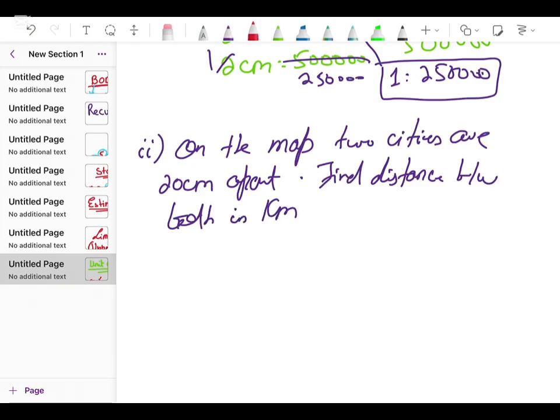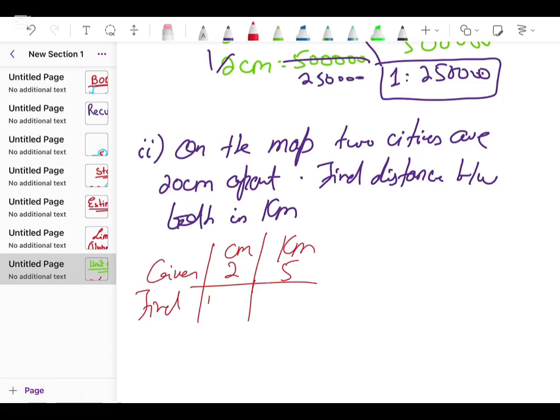So now I need to find out the distance between both. So on the map, two cities are 20 centimeter apart. So basically the condition, the scale we have, we can write map in centimeter and in kilometer. So the scale is 2 centimeter to 5 kilometer, that is given to us in the question. Now we need to find out, that is 20 centimeter, and we don't know the kilometer, so I will write x.